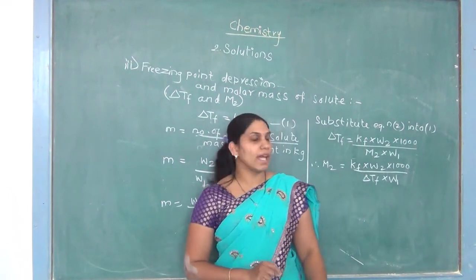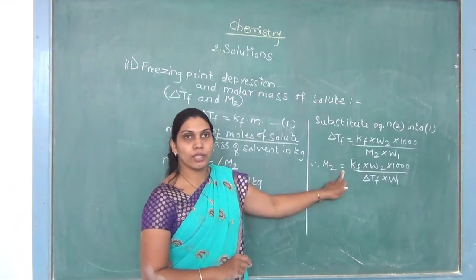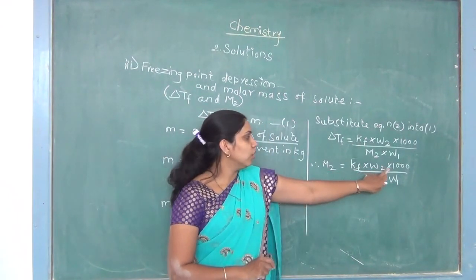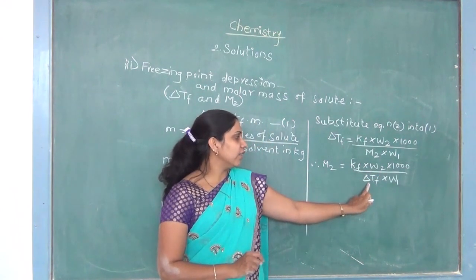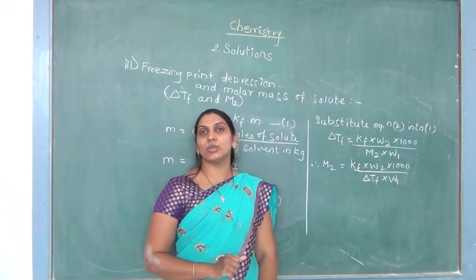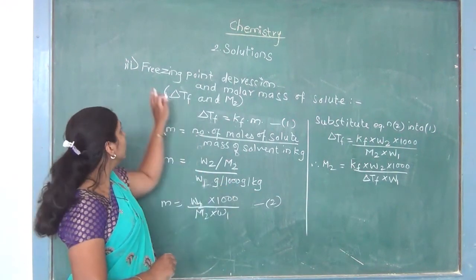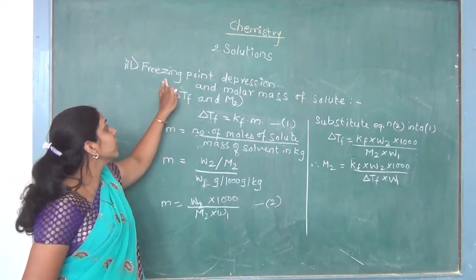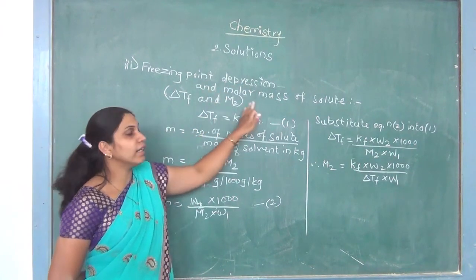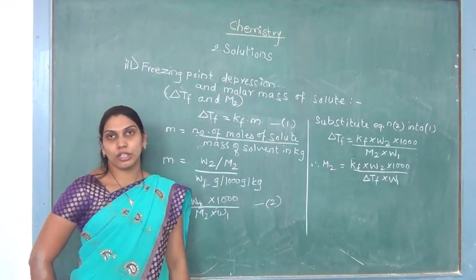It can be given as M2 is equal to Kf into W2 into 1000 divided by delta TF into W1, and this is the important equation which gives the relation between freezing point depression and molar mass of solute.